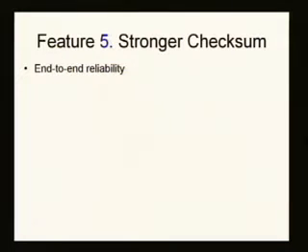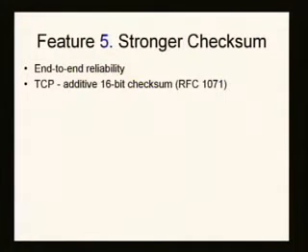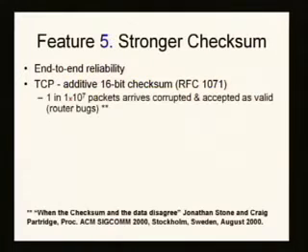So the only thing guaranteeing your actual end-to-end reliability is TCP's 16-bit checksum. So research has shown that on the order of 1 in 10 million packets arrives corrupted to the endpoint, but passes the checksum, and it's sort of integrated into the data of the application as valid.